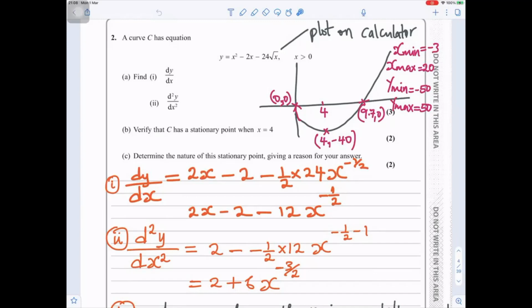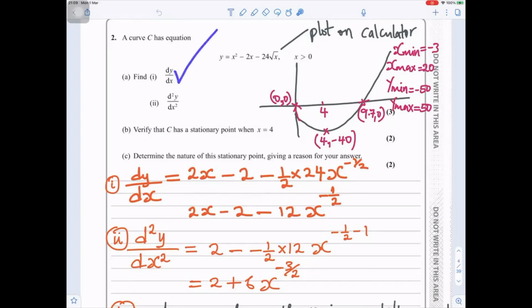When you differentiate minus 2x, you get minus 2. And when you differentiate 24 x to the power half, you multiply by the half times 24 times x to the half minus 1, which will be minus a half. And half of 24 is 12. So you have 2x minus 2 minus 12x to the minus a half.